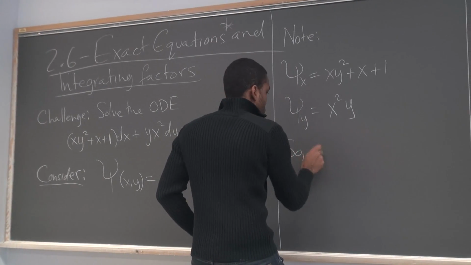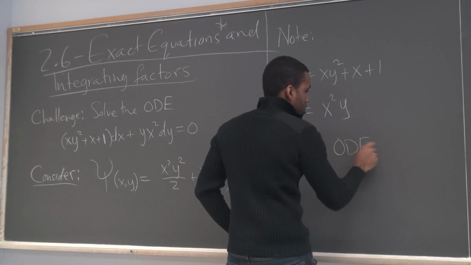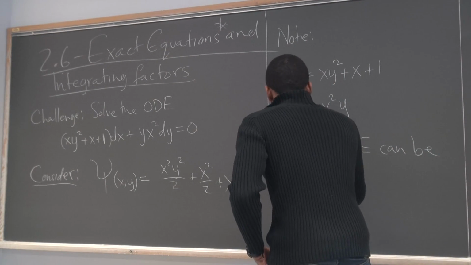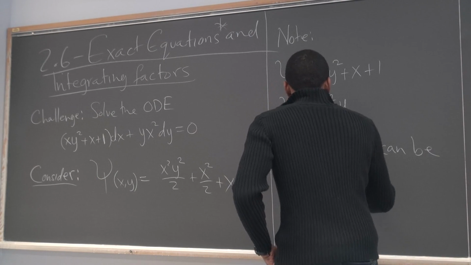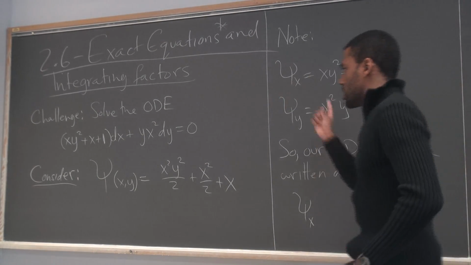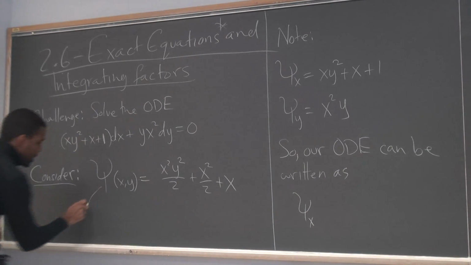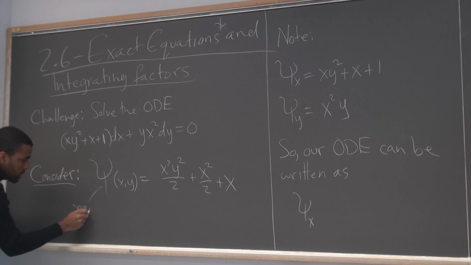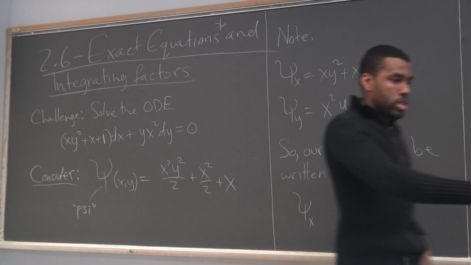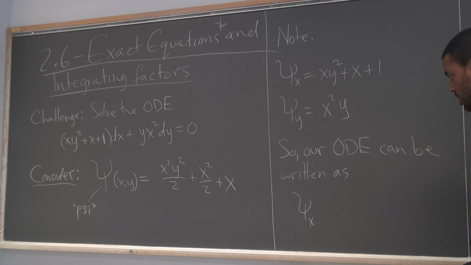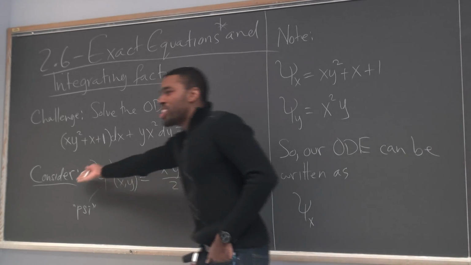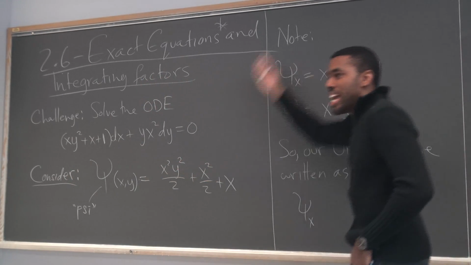So our ODE can be written, I could actually rewrite this ODE, as the partial with respect to x of this function psi. This is the Greek letter psi, capital uppercase psi. It's the standard letter that your book calls it. Where did you get this? Consider this function. It has these properties.